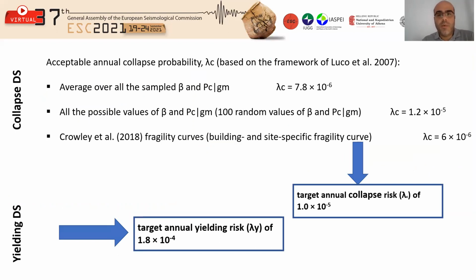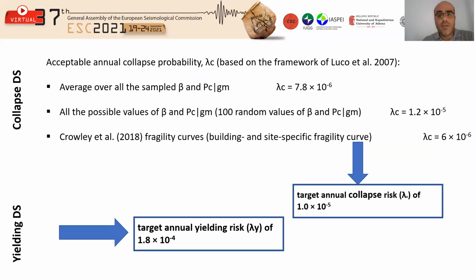So the target probability of collapse was estimated through three different assumptions. In the first method, the fixed values were assumed. These values were calculated by obtaining an average over all the sample beta and probability of collapse for a given ground motion.